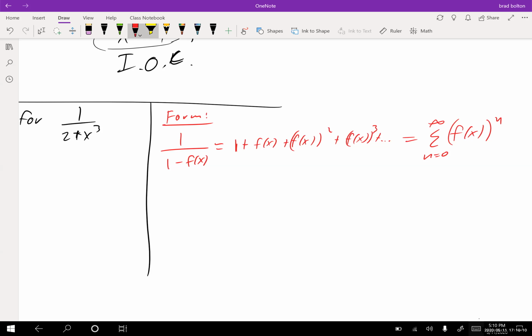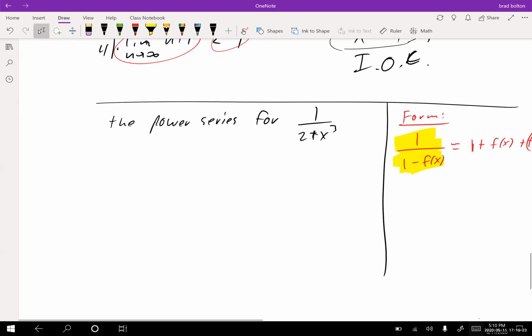So what this is basically saying is, if you can ever write your function like this, then you can just switch it to a series. You can rewrite it as this, okay? So whatever your f of x is, you just take it to the power of n. So let's use that thinking over here.